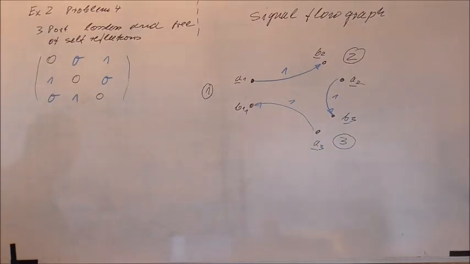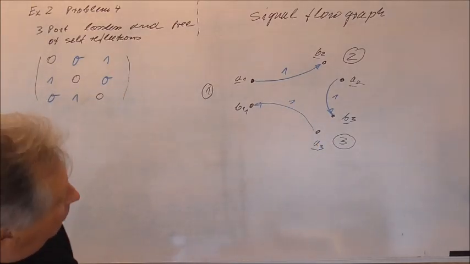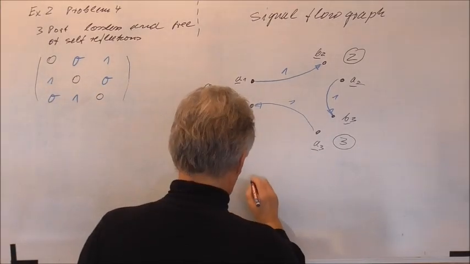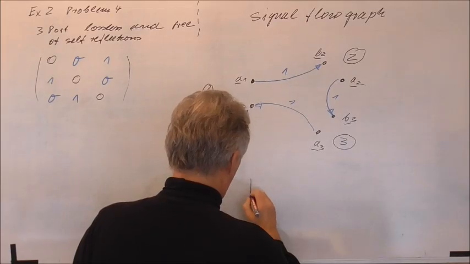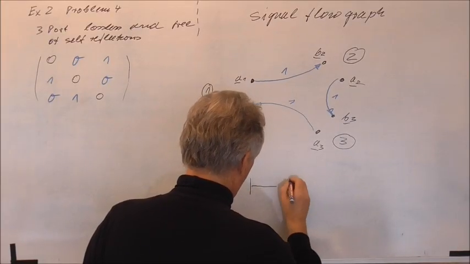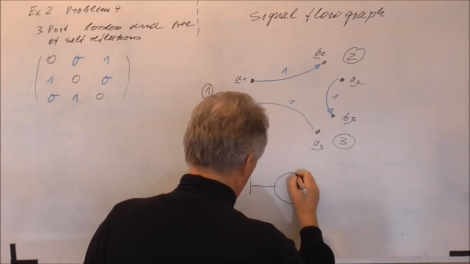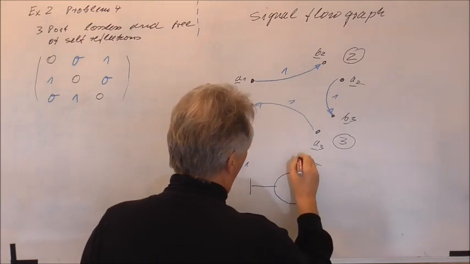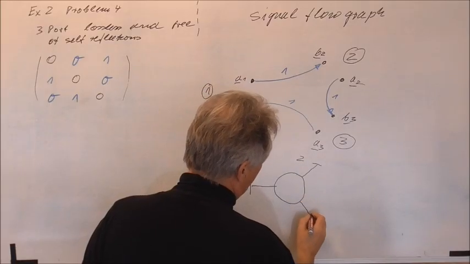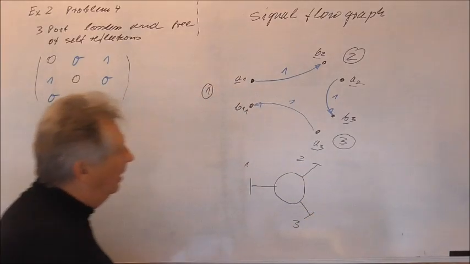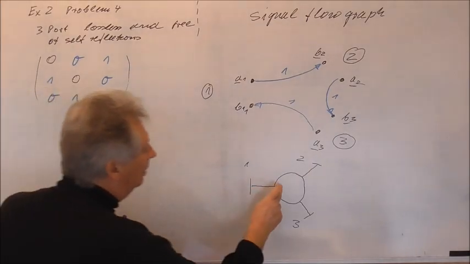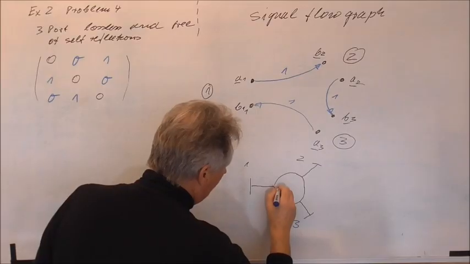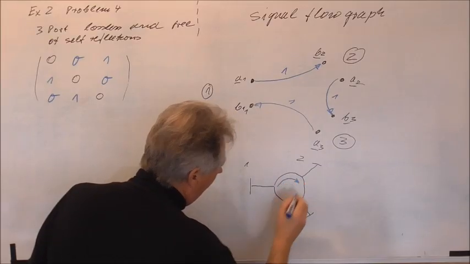Now this would be the signal flow graph, and in a diagram I will sketch it like this. Here we have port 1, 2, and here we have port 3. And you see the waves just go around the ports. Normally we denote this by an arrow like this.